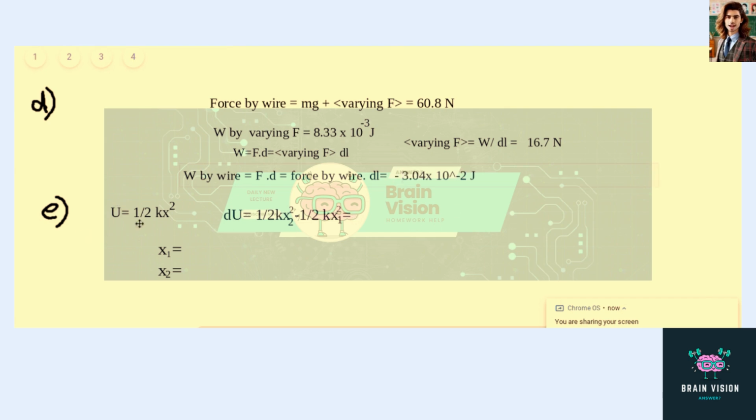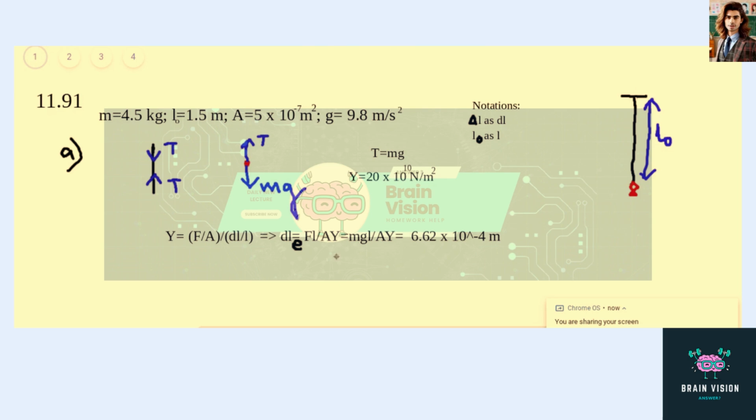So now for the last part, it asks us to find the change in potential energy. So our potential energy for a spring is given by half kx square. So our change in potential energy dU will be half kx2 square minus half kx1 square, where x1 and x2 are given by, so x1 is basically the stretch in wire when it is at equilibrium. So it is basically our dLe, which we found from this equation.